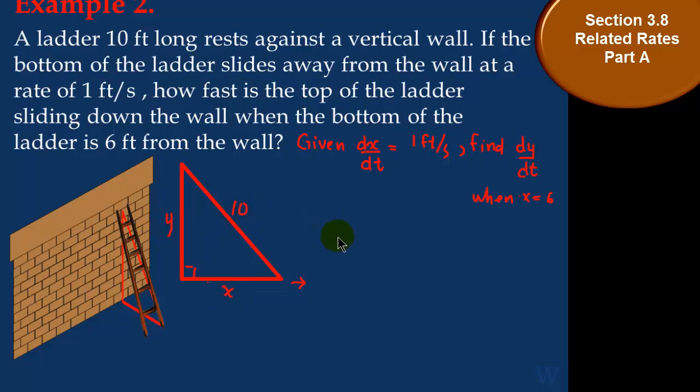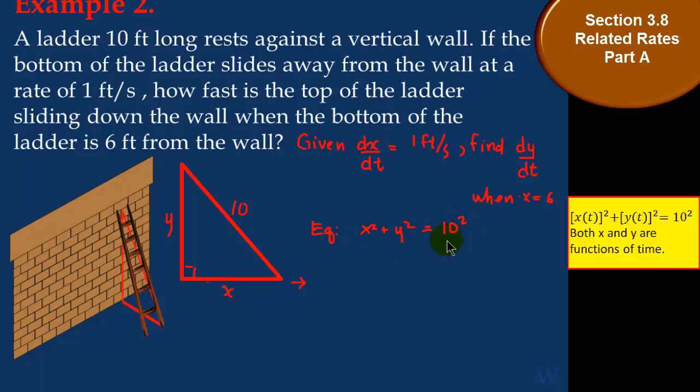Of course, it will be the Pythagorean theorem. So our equation would be x squared plus y squared is equal to 10 squared. This is the equation that relates the variables. The next thing we need to do is differentiate both sides with respect to time.